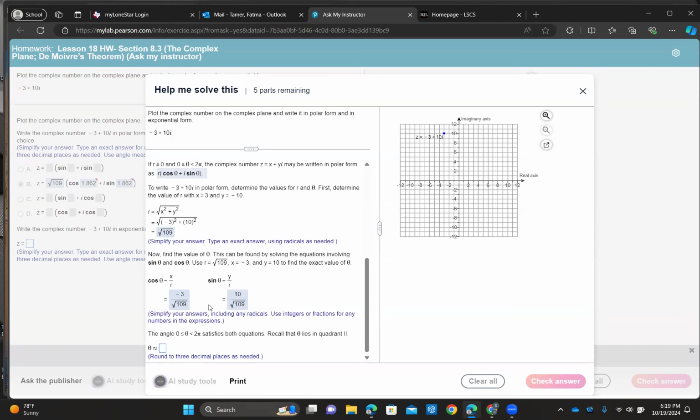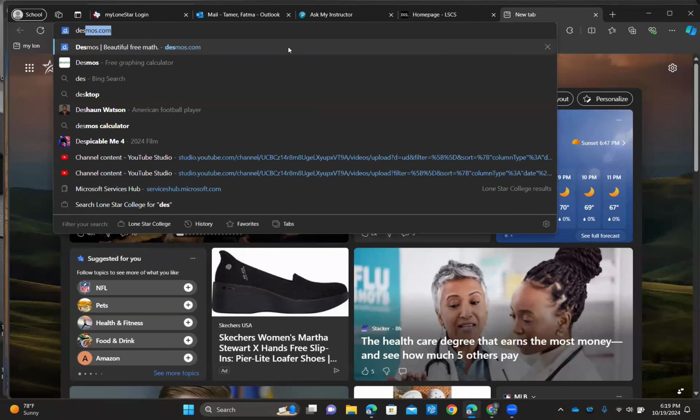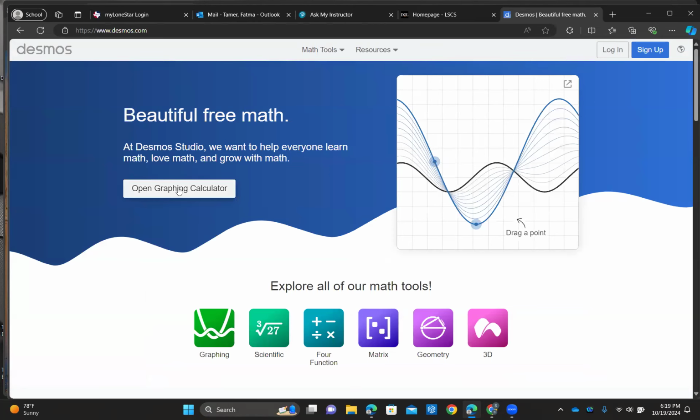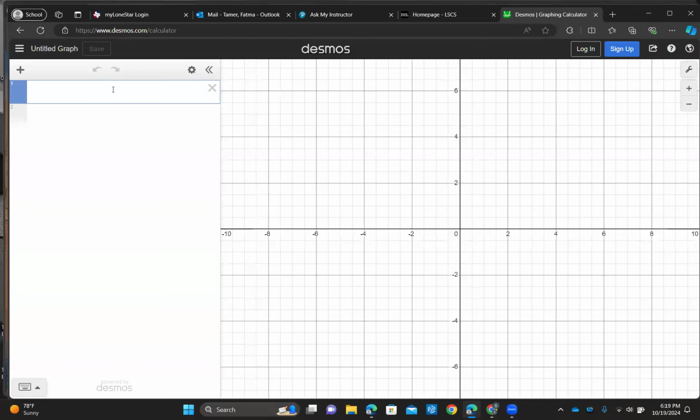Since this is not a famous angle, I'm going to go to Desmos and open the graphing calculator, and I will ask Desmos for the angle whose cosine value is -3 over square root of 109. The way I ask this question is cosine to the power of -1, which is arccosine, so you can simply write arccos. And the cosine value I had in this question was -3 over square root of 109.